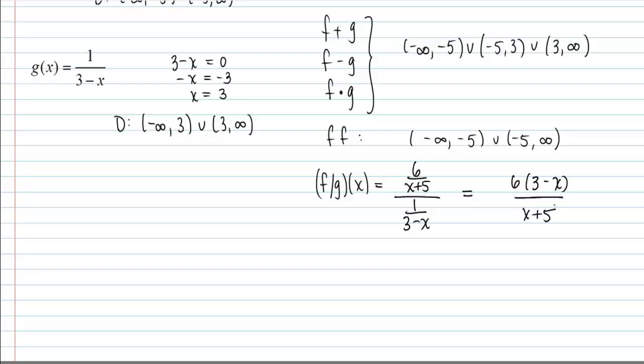If you only look at the answer to find the domain of this quotient, you would think that negative 5 would be the only number not part of the domain. But remember that g of x is actually located in the denominator, and therefore g of x cannot be 3. Therefore, the quotient cannot be either 3 or negative 5. So we need to include those two numbers.